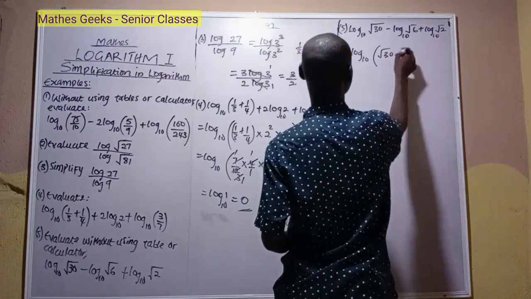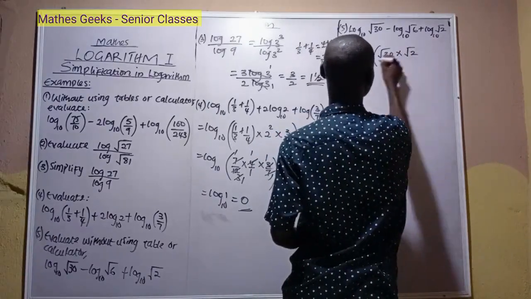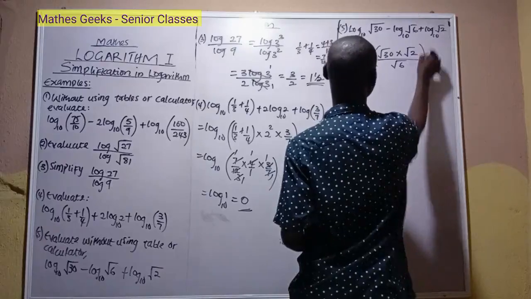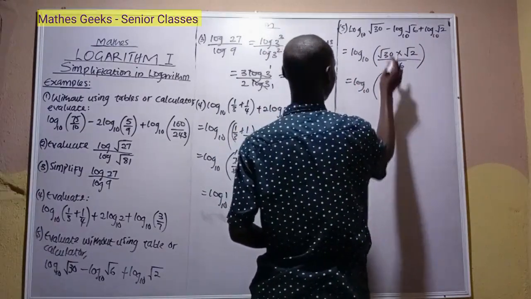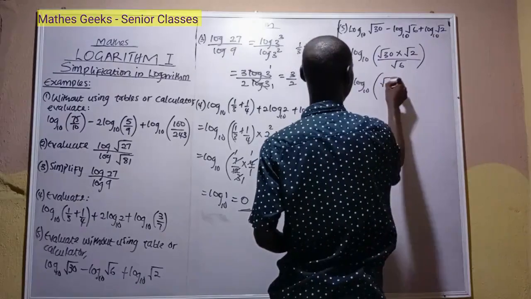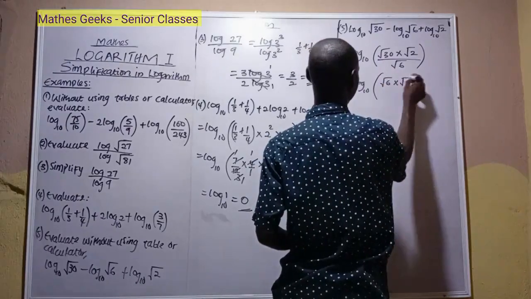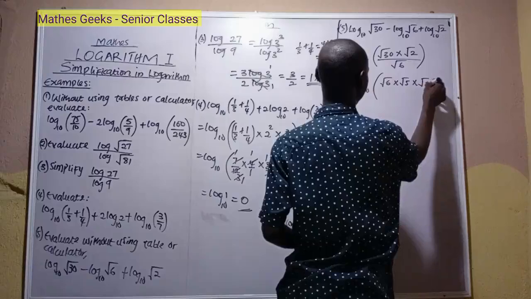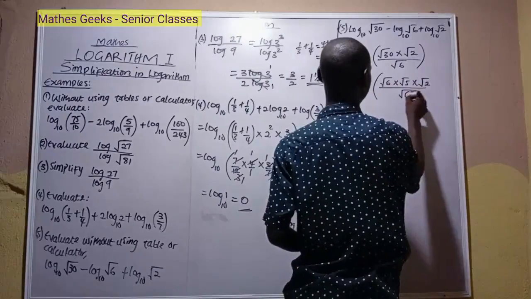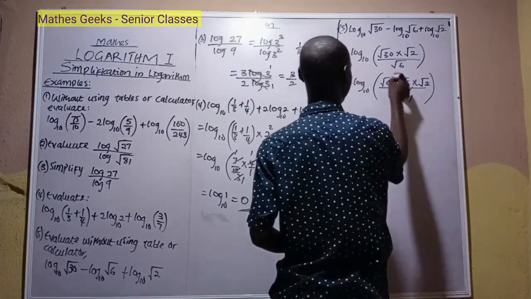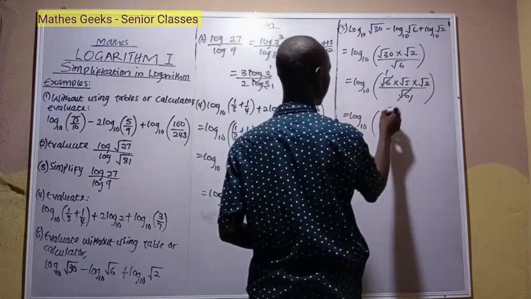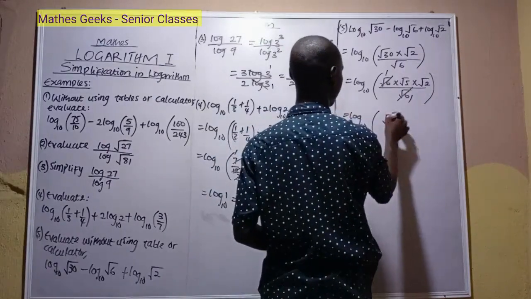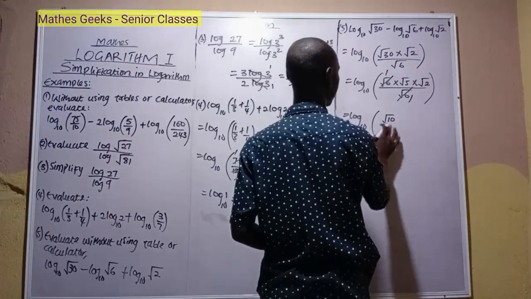Root 30 times root 2 over root 6. Root 30 is root 6 times root 5 times root 2 over root 6. So root 6 here 1, 6 here 1. Root 5 times root 2 is equal to root 10.